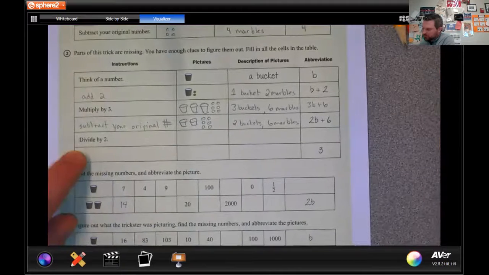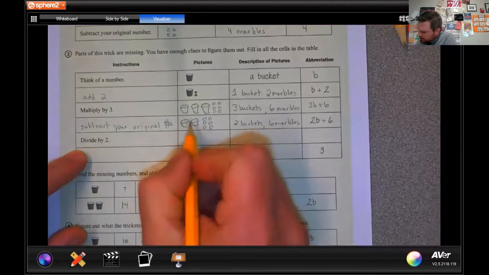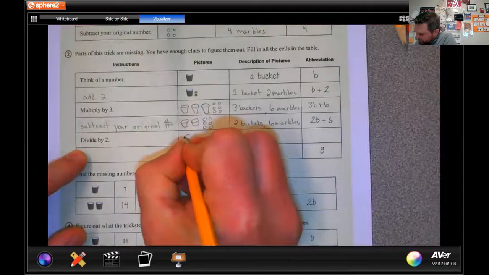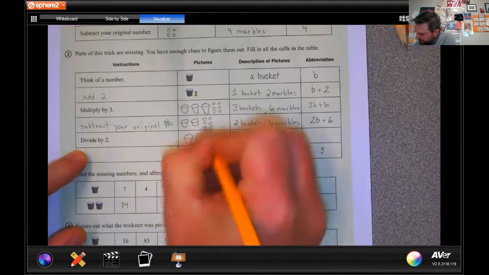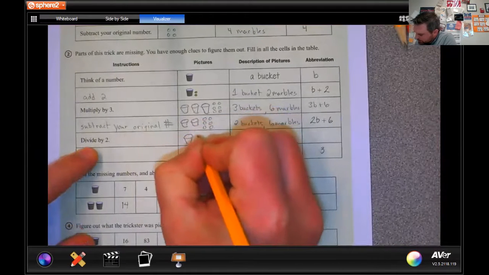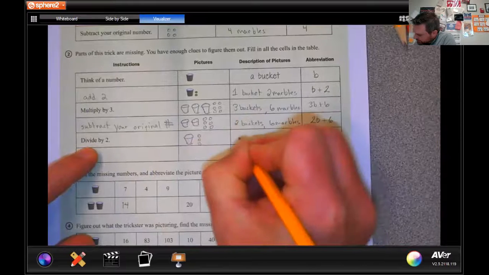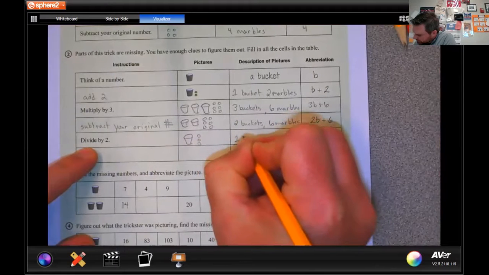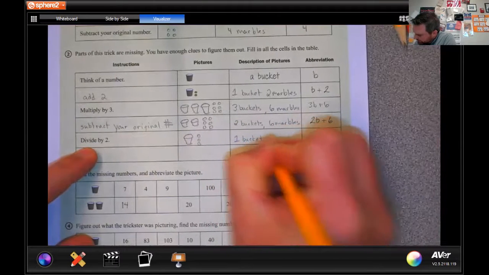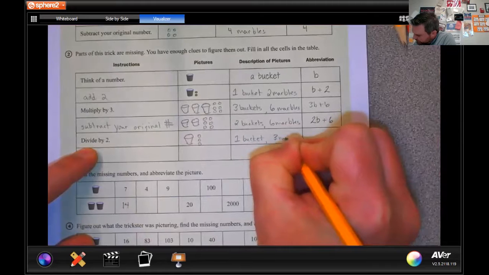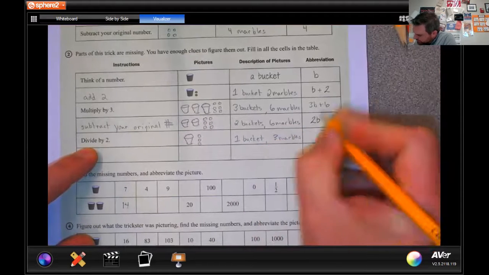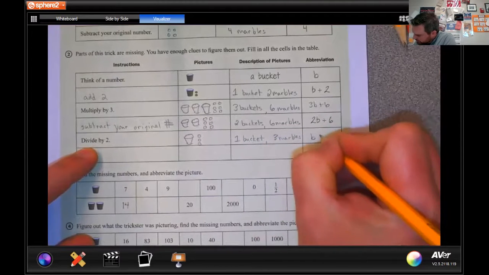Okay, and then they're going to divide by 2. So I got to take these 2 buckets and divide it by 2. So then I get 1 bucket. I take 6 marbles and divide by 2. I get 3 marbles. So that's 1 bucket and 3 marbles. So that is a bucket plus 3.